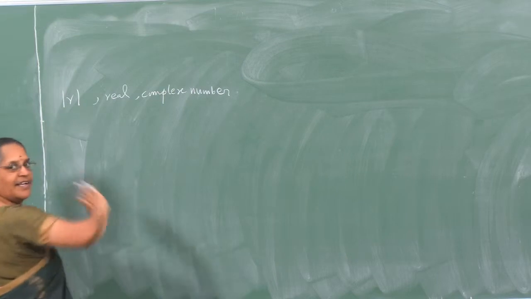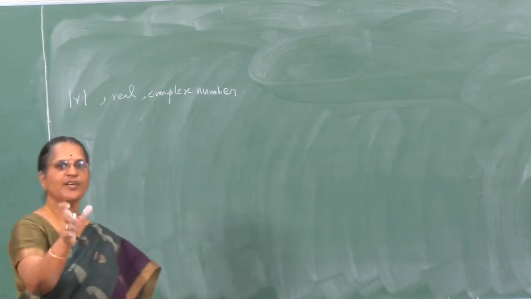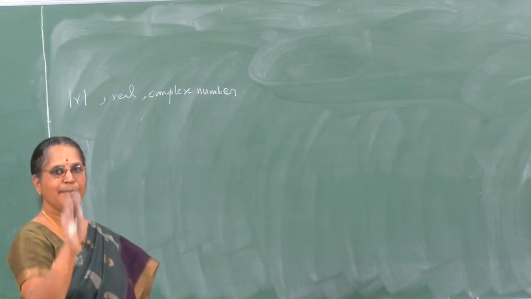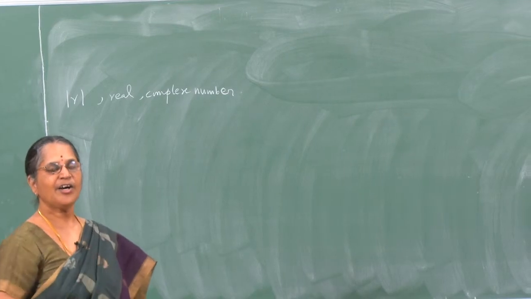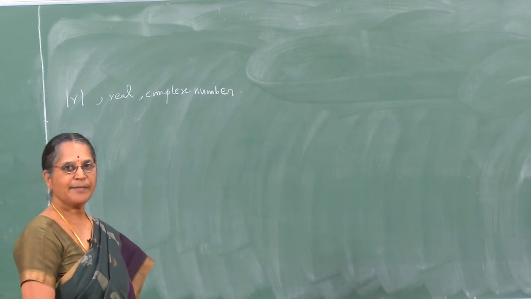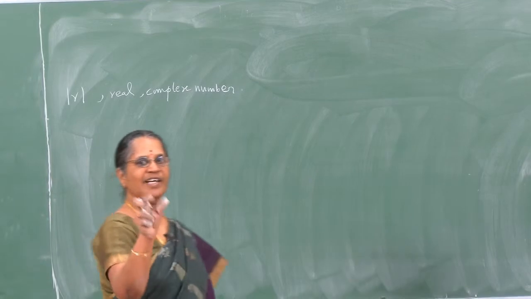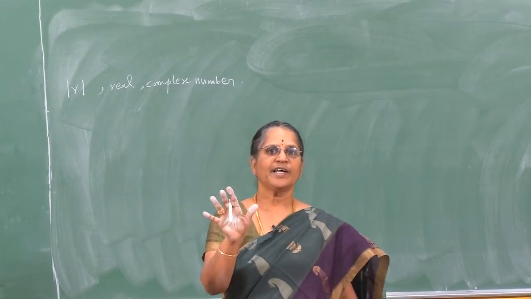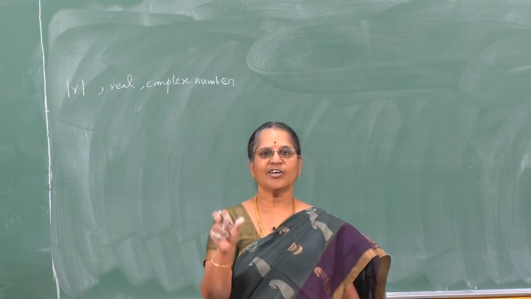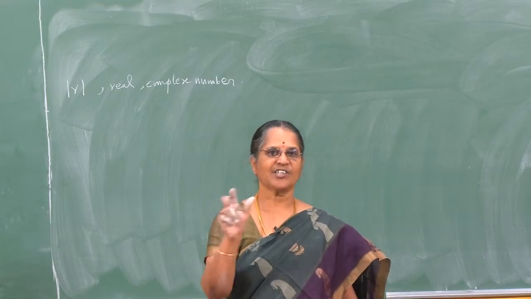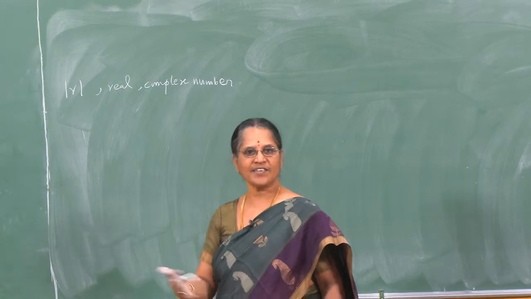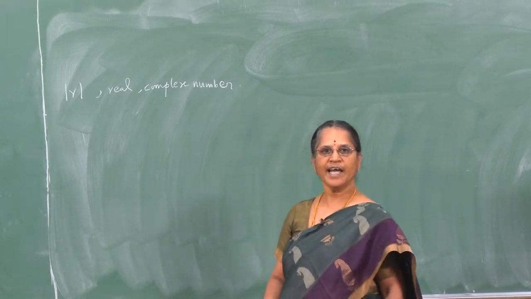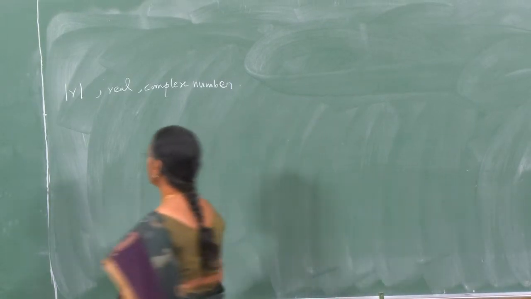So, the norm is a notion which generalizes the magnitude of a real number or a complex number. When we consider the norm of a vector, it gives you the length or the magnitude of that vector.